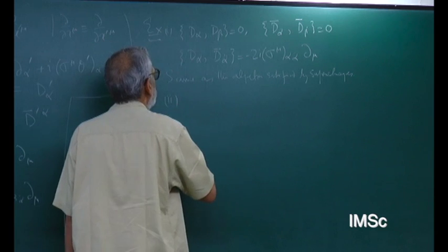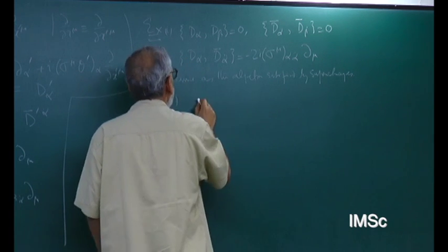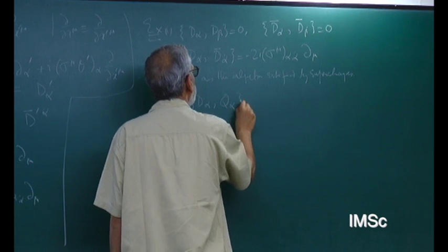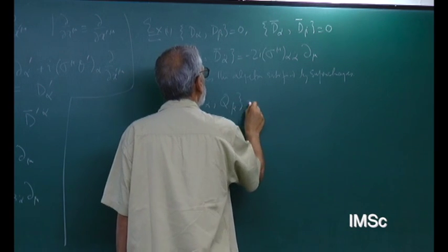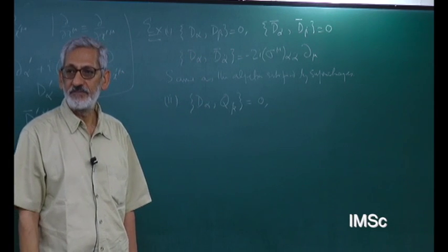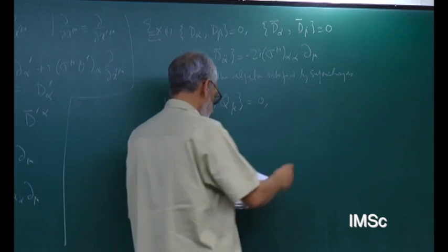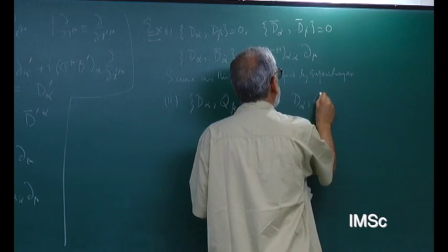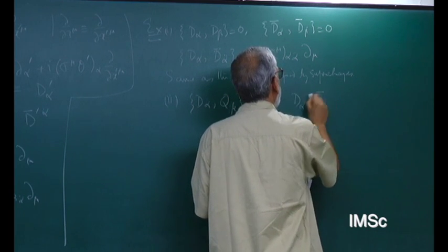Exercise 2. Calculate the anti-commutator of Q with D and check that it's 0. And that's the same for D alpha Q bar beta.